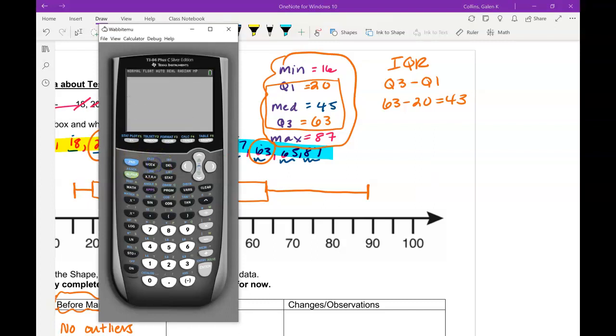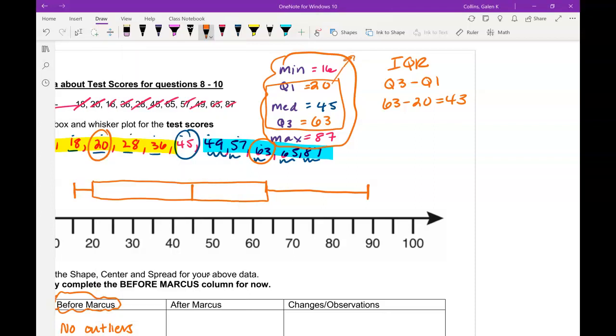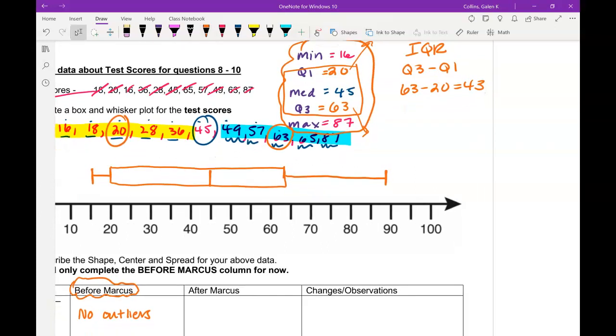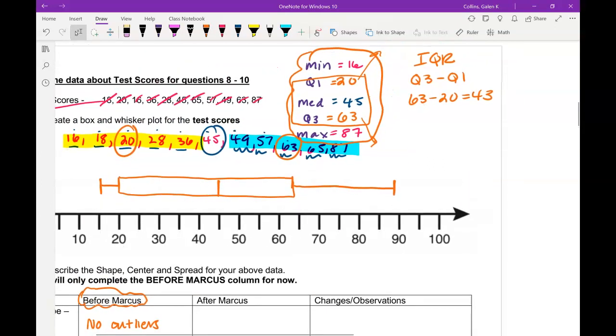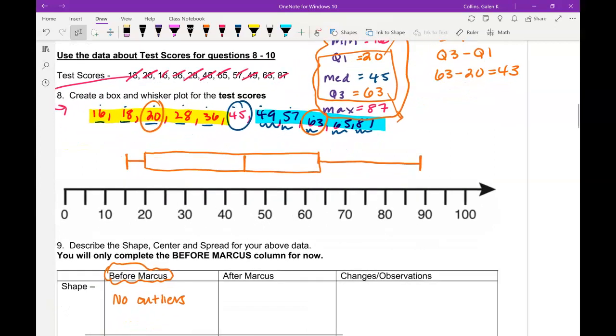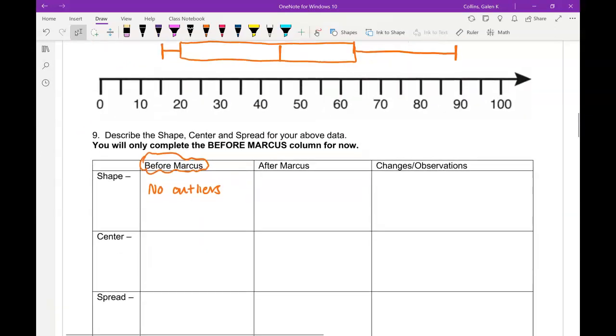But if I multiply my interquartile range by 1.5, so 43 times 1.5, I get 64.5. So I would have to subtract that from Q1, which would be a negative number, or add that to Q3, which would be like 120 something, close to 130. That would give me the range of where my outliers are. So all that to say, we don't have any negative data. We don't have any data above 100, so no outliers.